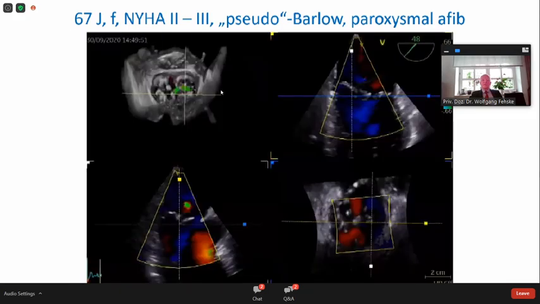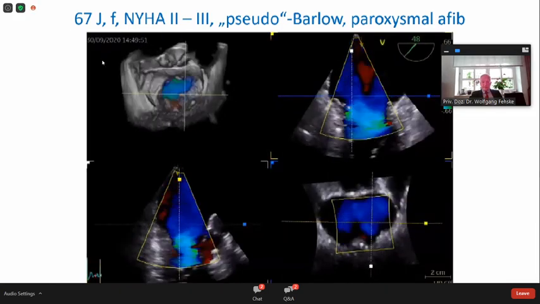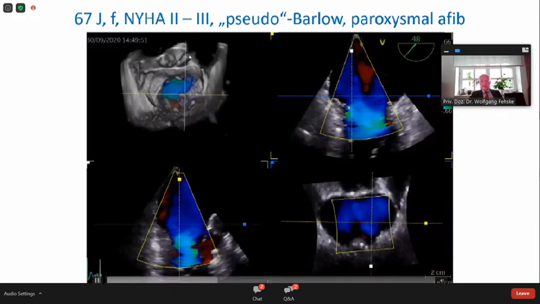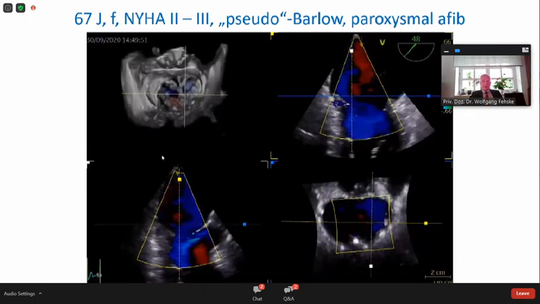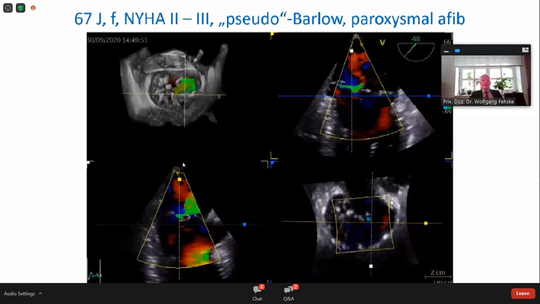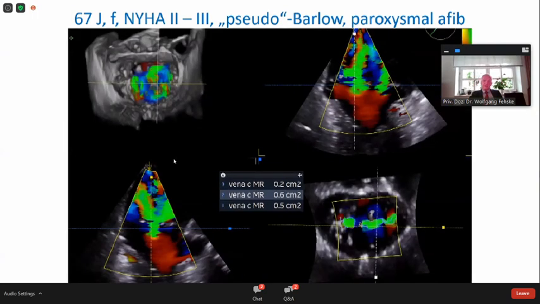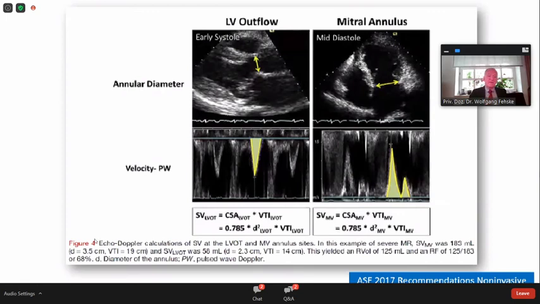What we prefer in these cases is to take the orifice area itself and do planimetry of the vena contracta, and in these specific cases we have to add these vena contracta, and we believe at the end that we have a semi-quantitative aspect that this is a severe regurgitation.